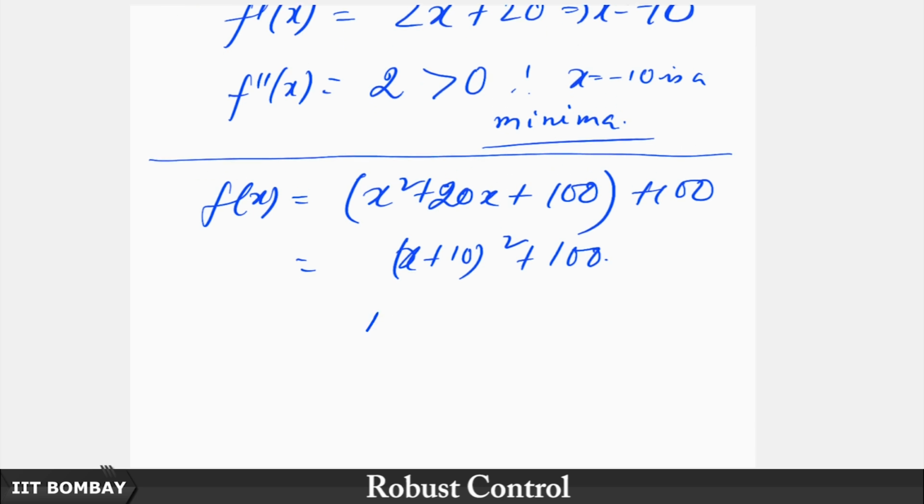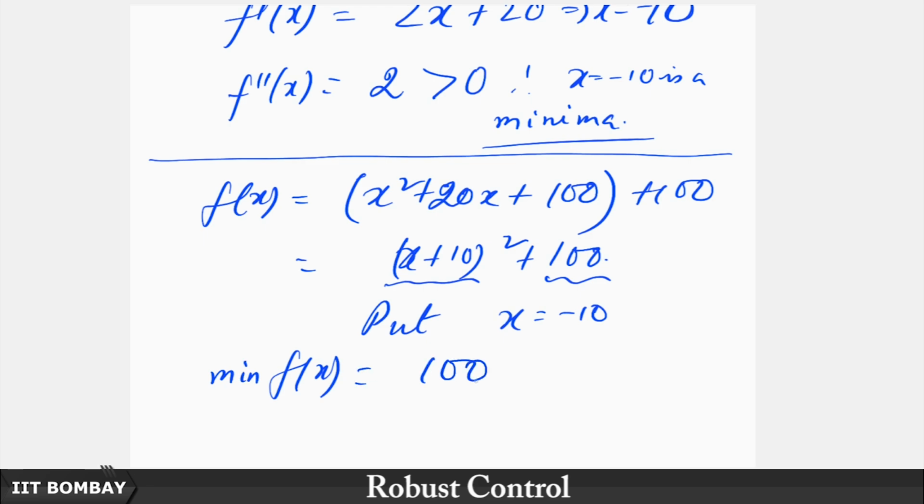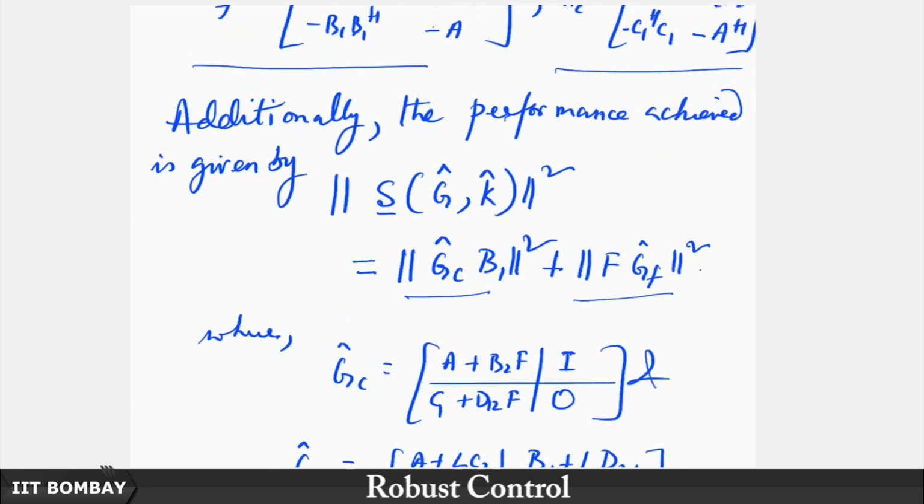You can just say this is the sum of two squares. One part of it is free from x, the other part contains x. So, if you want to minimize this, you put in x is equal to minus 10, and you will see that f x min is going to be equal to 100, and that is exactly what we have done here.